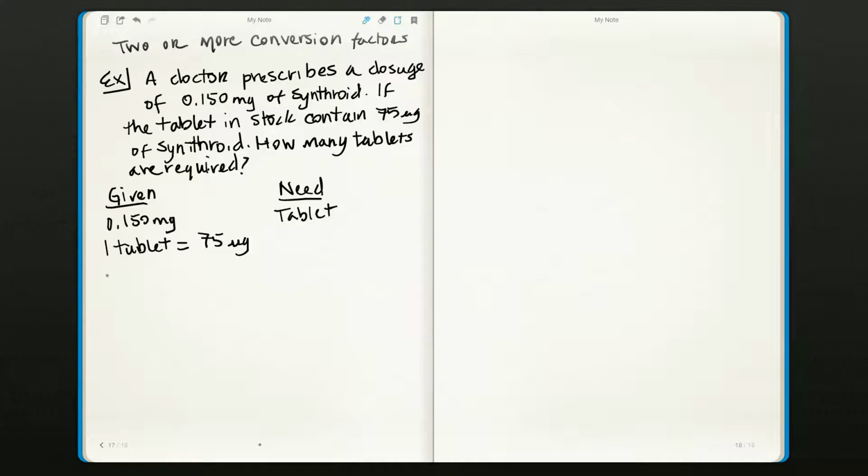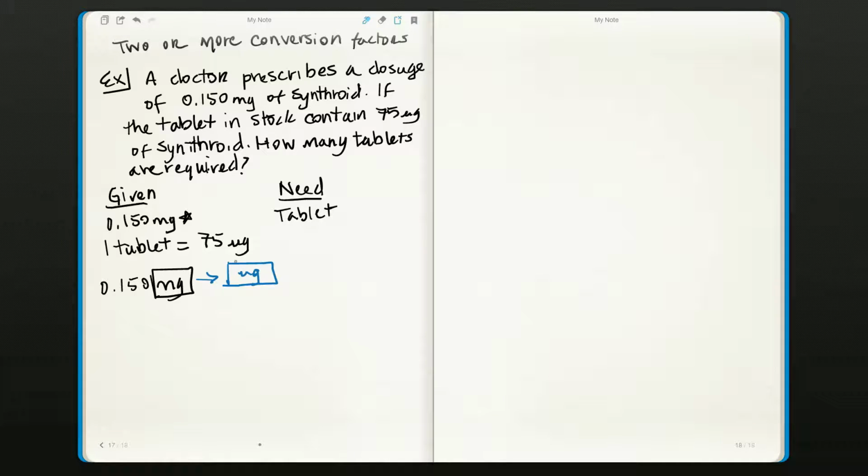So now we need to write our equalities. First, let's draw our map. We're starting with what we're given. So we're actually going to start with this number because this is an equality, so it will be one of our conversion factors. So 0.150 milligrams. We're starting with milligrams, and then we need to go to micrograms.